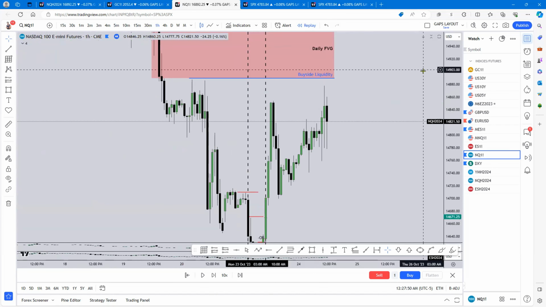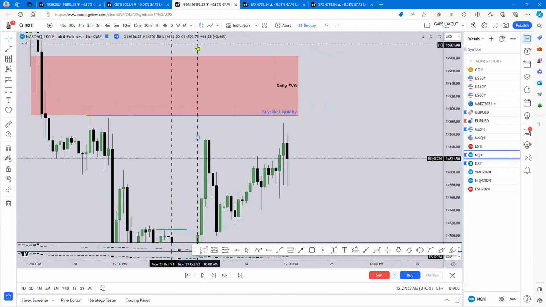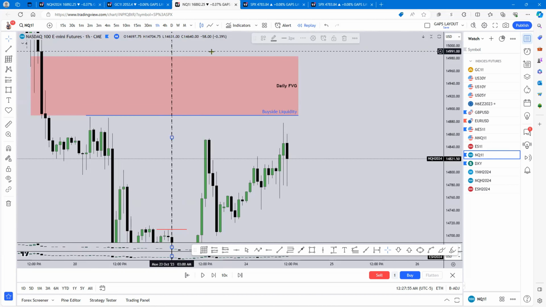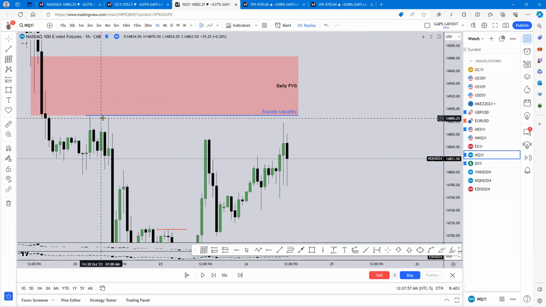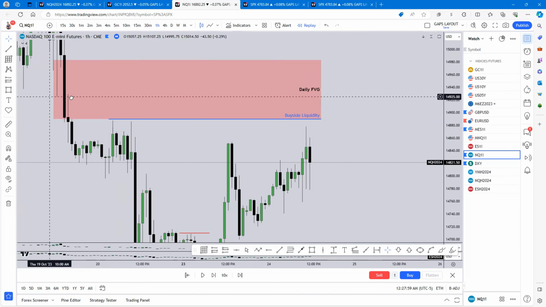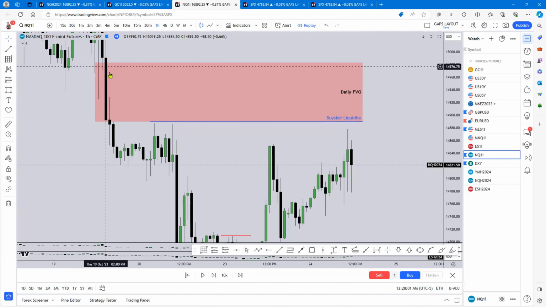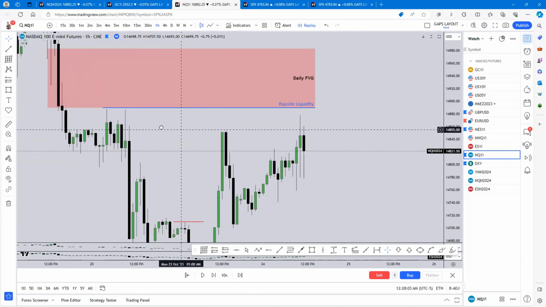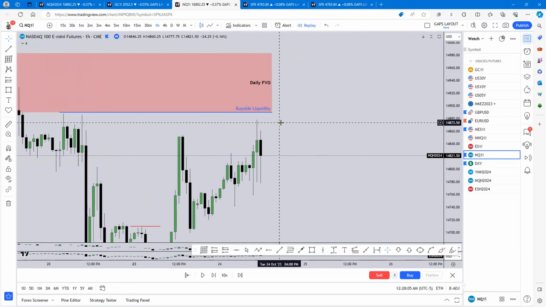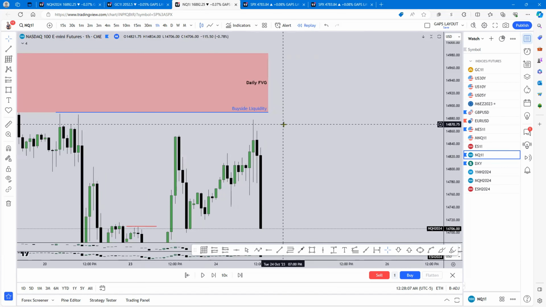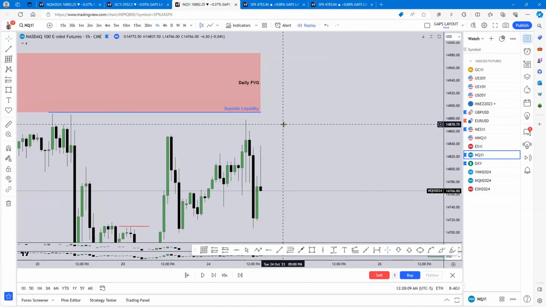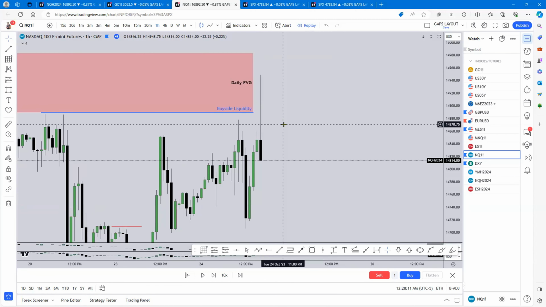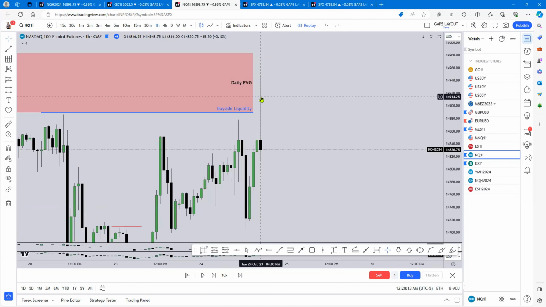Okay. So 1 hour time frame, we can see we have these equal highs in here. Okay. We also have this 1 hour in here, but we're waiting for price to take out these highs. So boom, right in there.